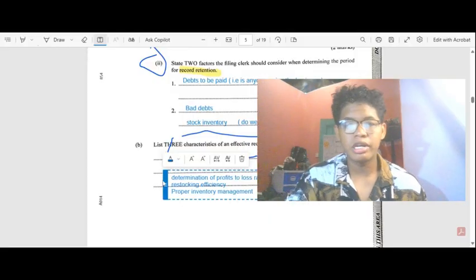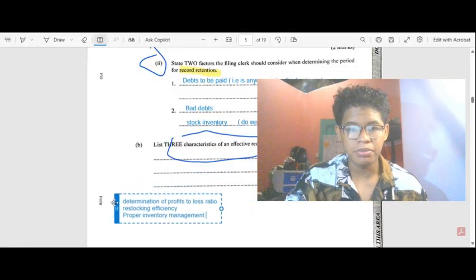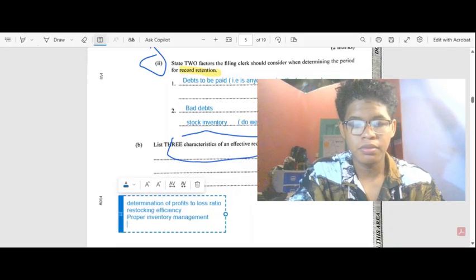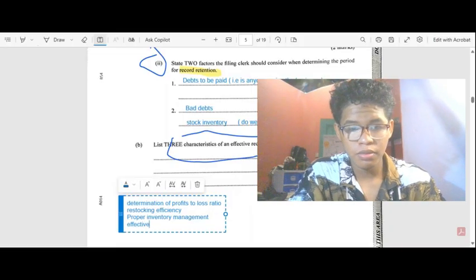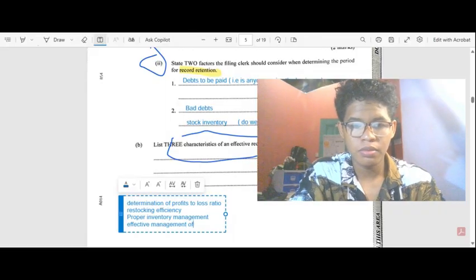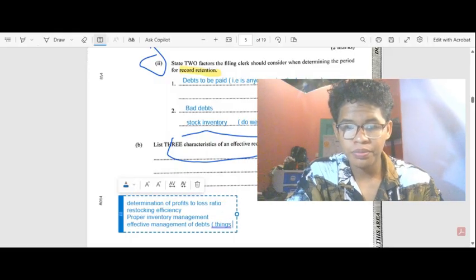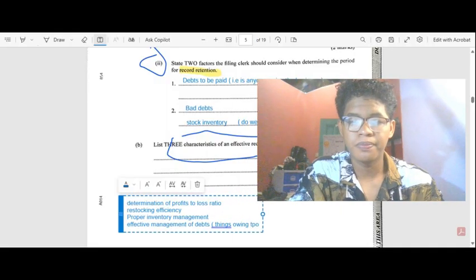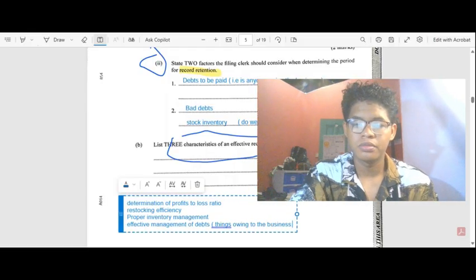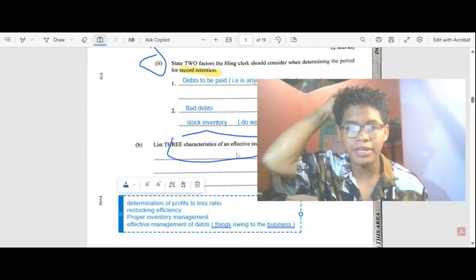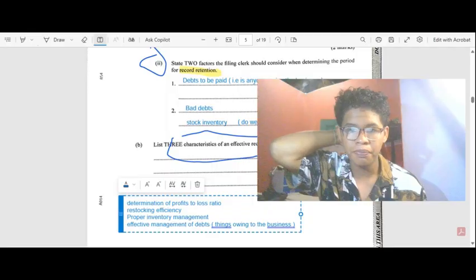So these are some of the characteristics of an effective records management system.